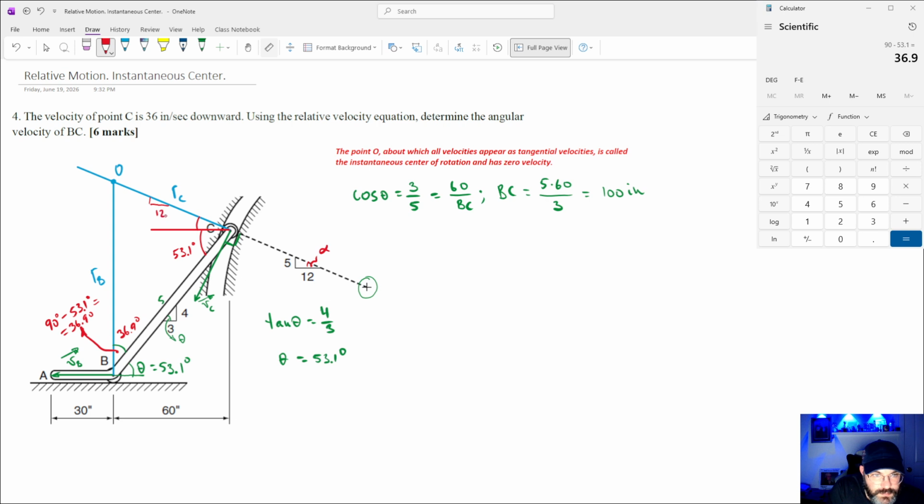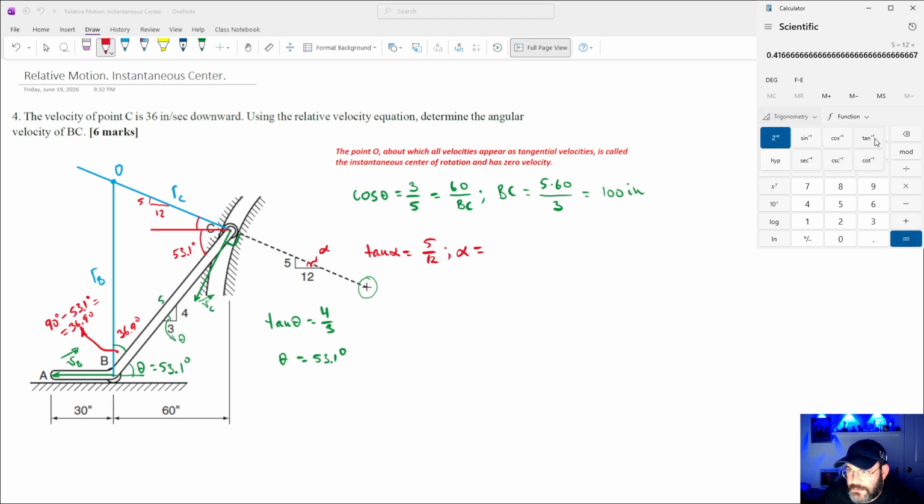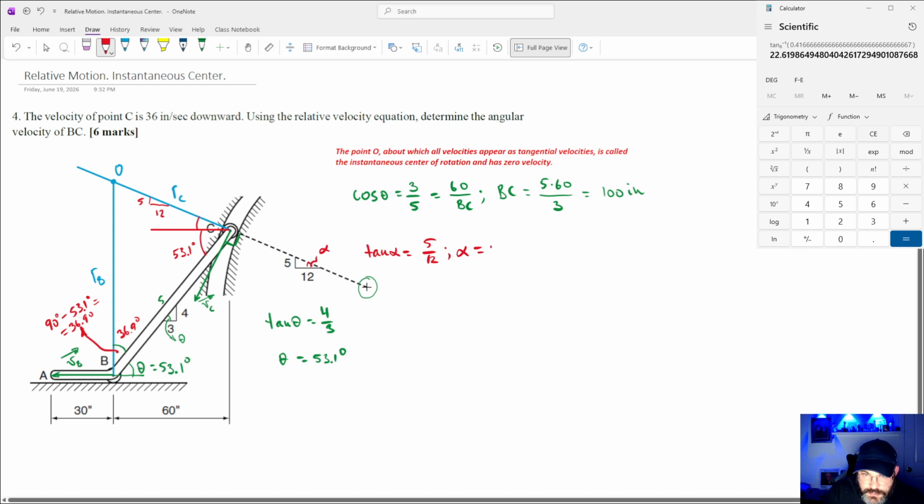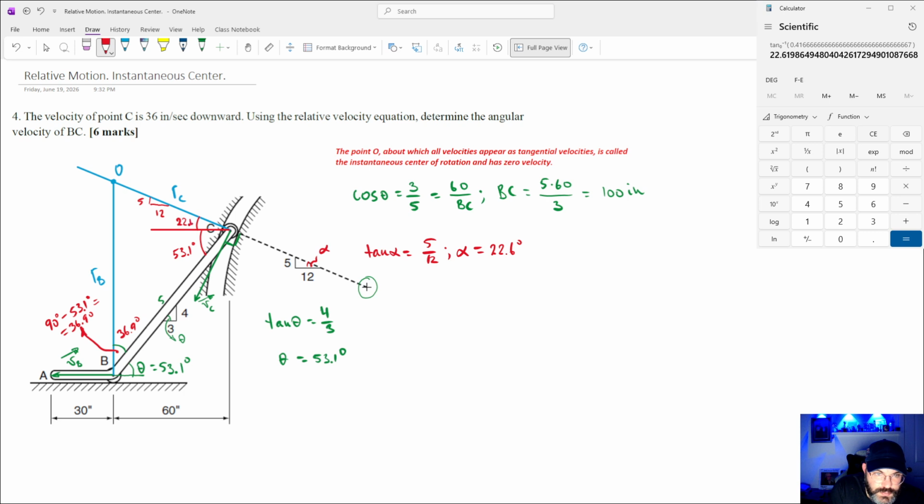Here this is 12, this is 5, so the tangent of this angle alpha is equal to 5 over 12, so our alpha is 22.6 degrees.